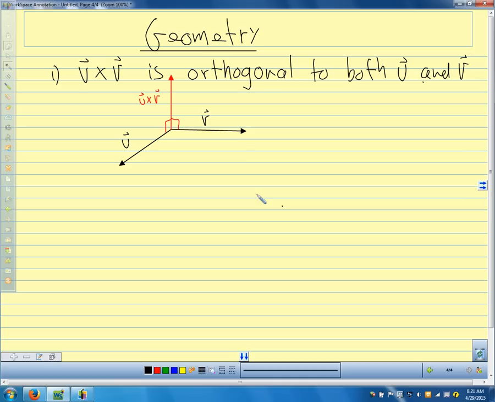When we're talking about 3-dimensional surfaces, it's important to be able to find a vector that's orthogonal. Another word that we use for orthogonal is normal. A vector that's normal to the surface makes a 90-degree angle with the surface. So we use cross products to find what we call a normal vector.